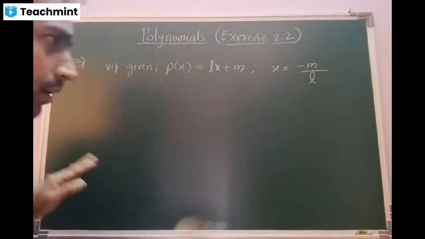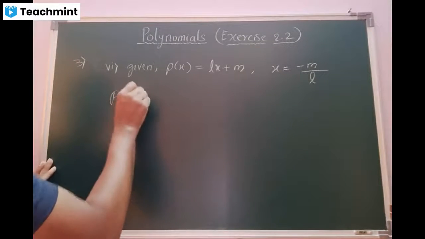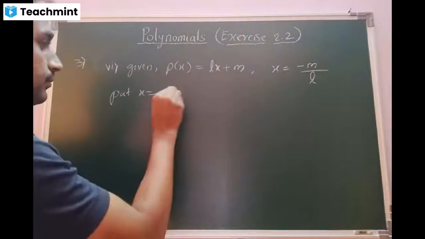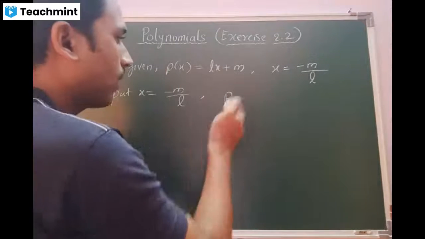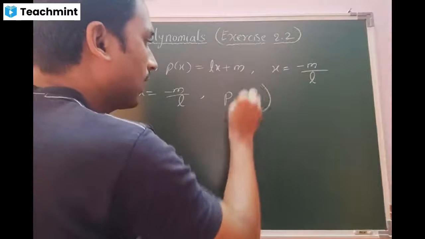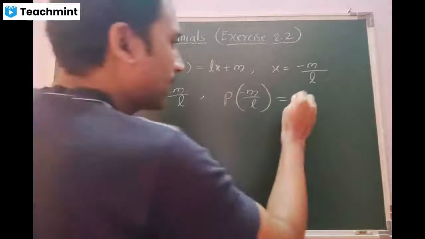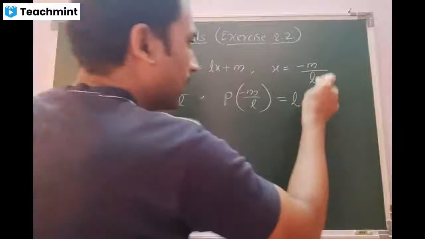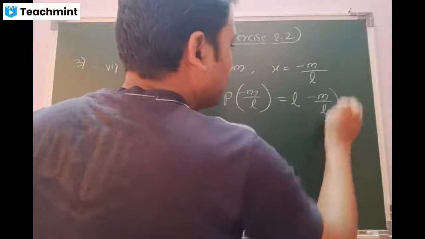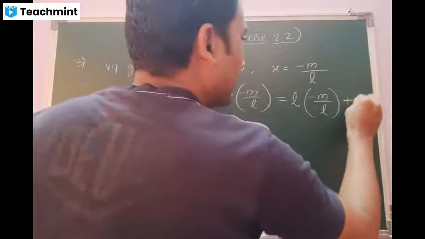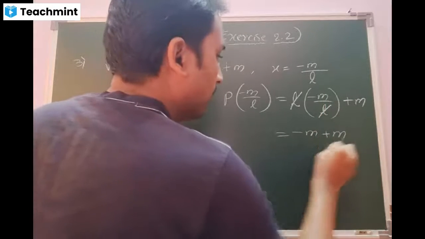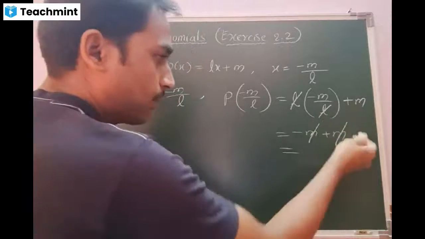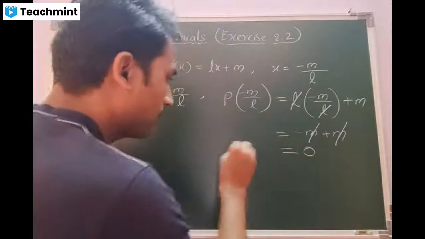What is our karma, beta? What do I have to write? Put x equal to minus m divided by L. So P of minus m by L is equal to L as it is in the place of x, plus m as it is. L and L get cancelled. Minus m plus m, you can see, is zero.